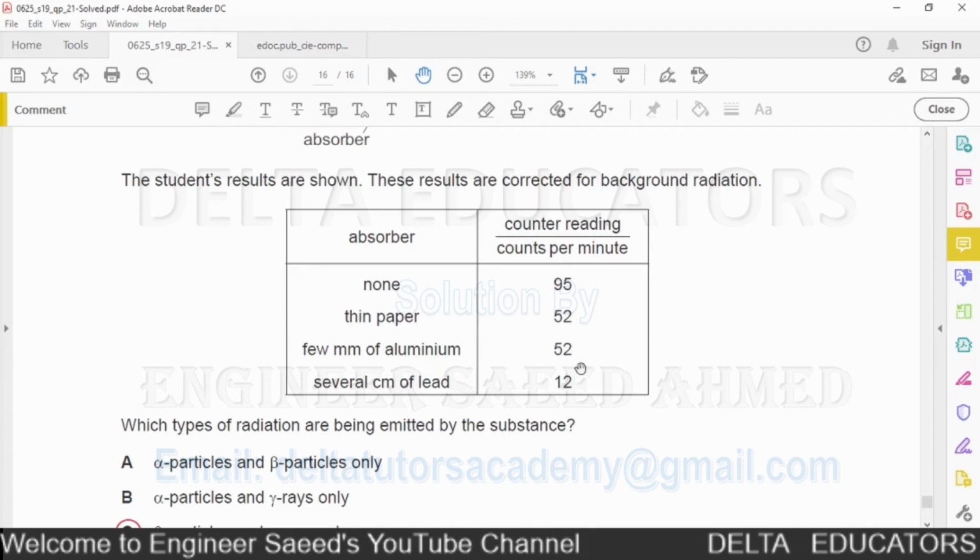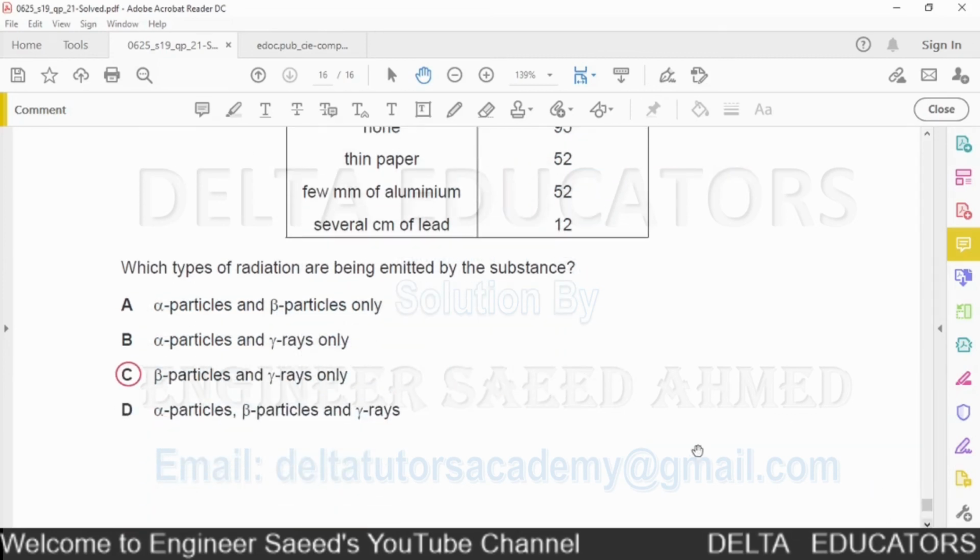So here we have two types of radiation: one is alpha and second is gamma, but we don't have beta. Since alpha and gamma is given in option B, the correct option will be option B.